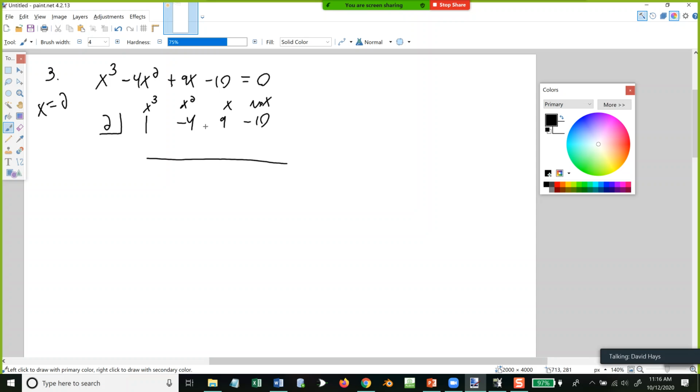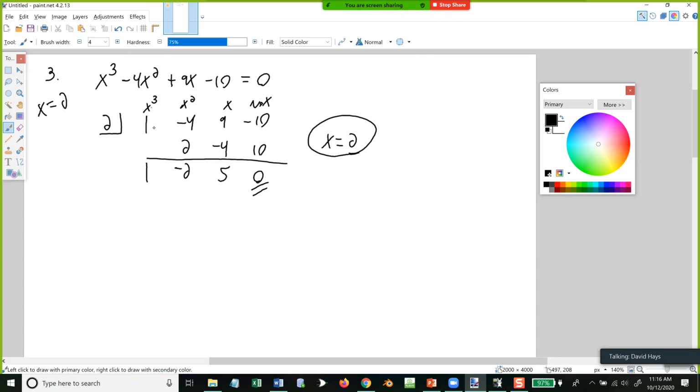You have 1 for each one you want down. Add, multiply, add, multiply, add, multiply, add. Notice we get a zero remainder. That tells us that the number in the box is an answer, 0. So x equals 2 is our first answer. We saw that in the last section with the factor theorem.